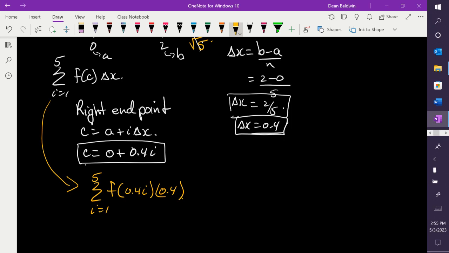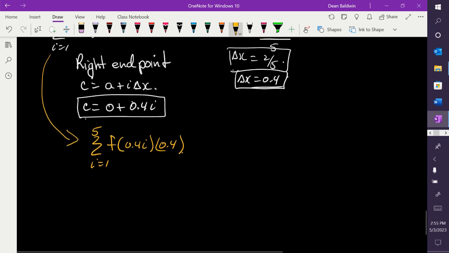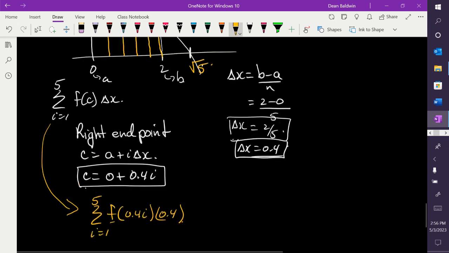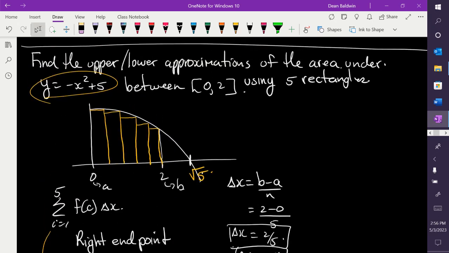Are we okay? Now, what's our function? Negative x squared plus 5.